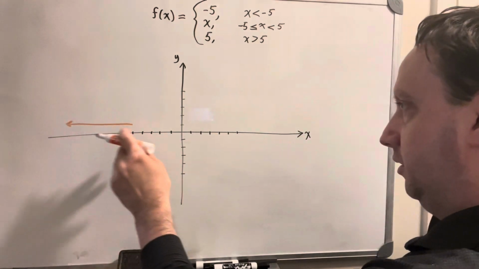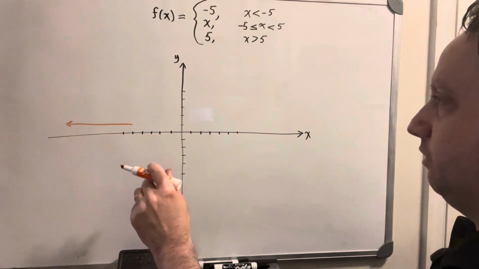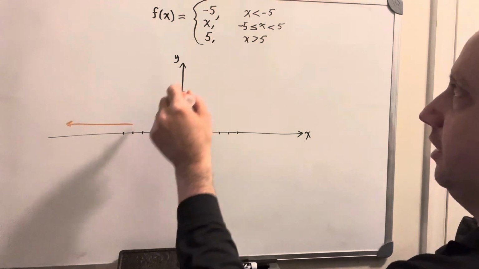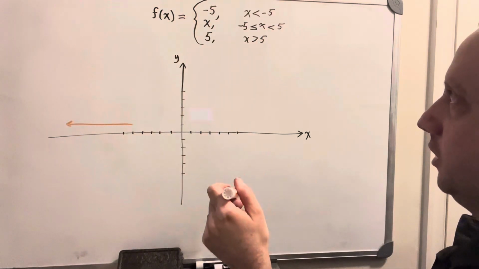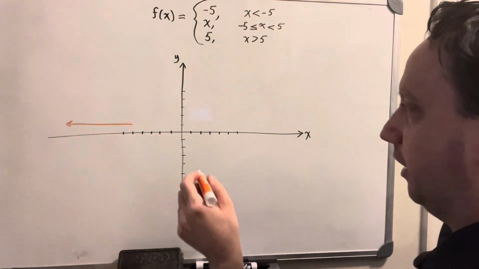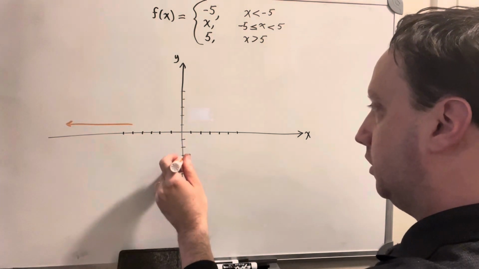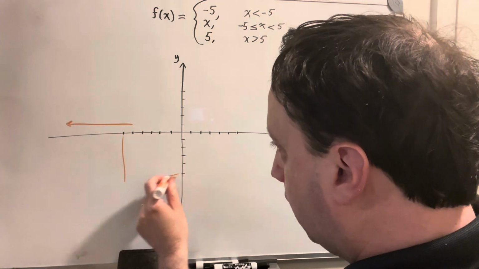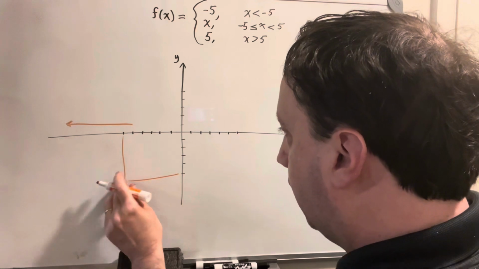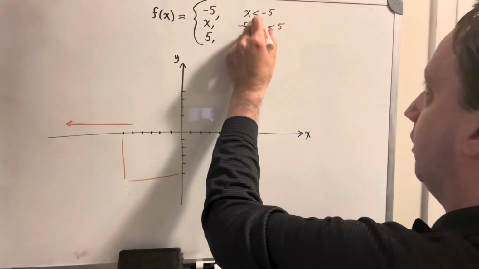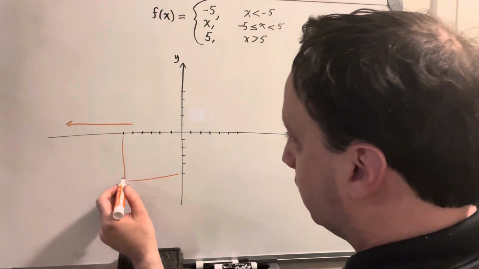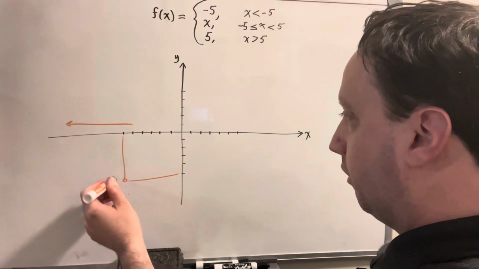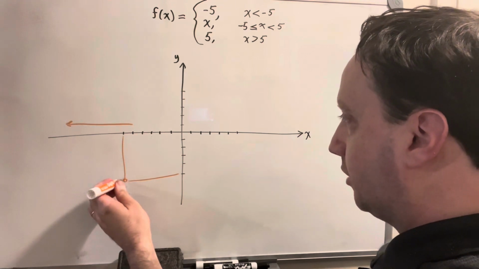I'm just drawing the arrow right now so I can see which values. And for values of x less than that, the value of the function is a constant, which is -5. But notice the less than sign, so this one does not include -5, but for all values, -6, -7, and so on.